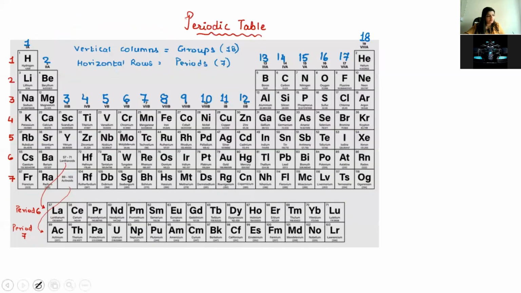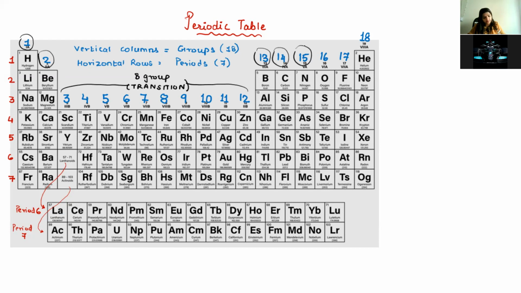If we look back to the periodic table, group 3 to group 12 are the B group elements, and they are also called transition elements. So group 1, group 2, group 13, 14, 15, 16, 17, and 18 are all A group elements.